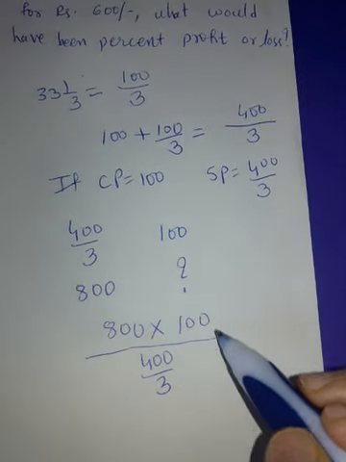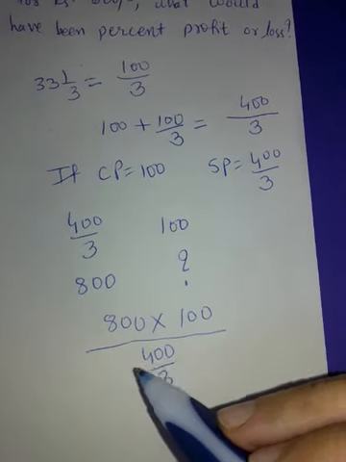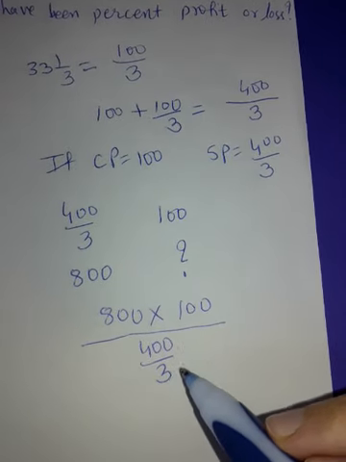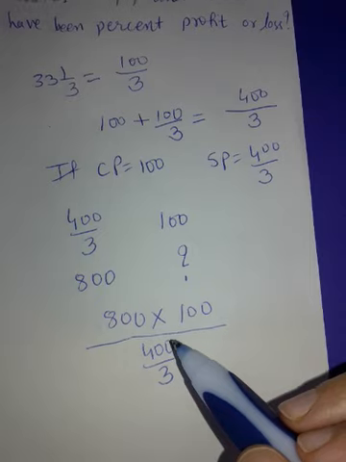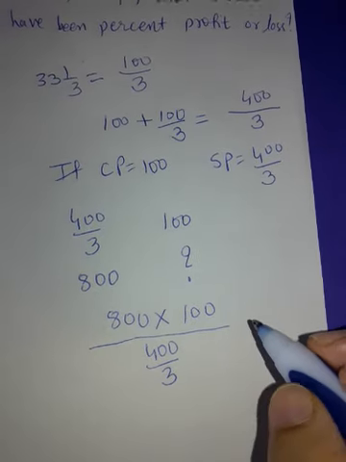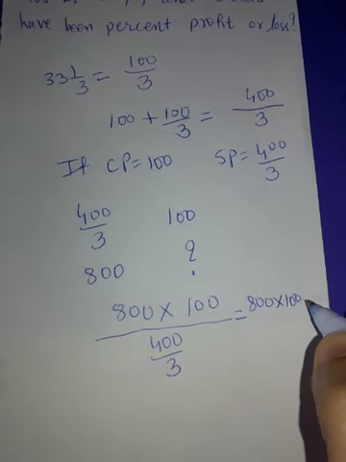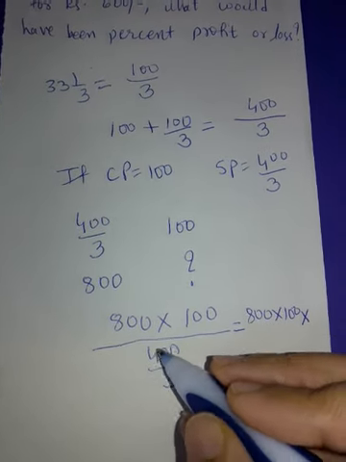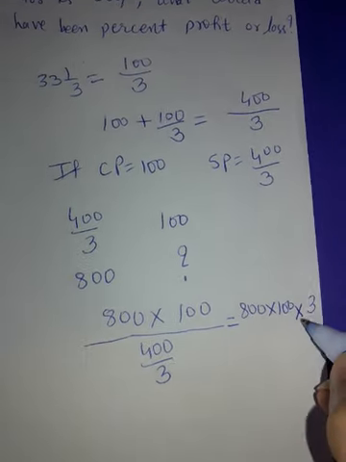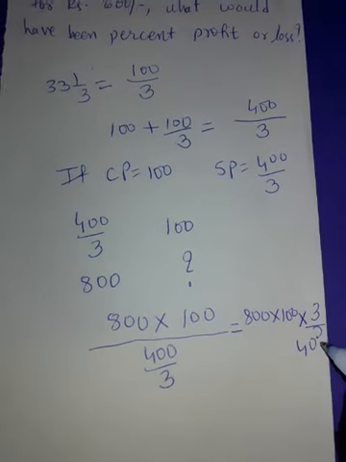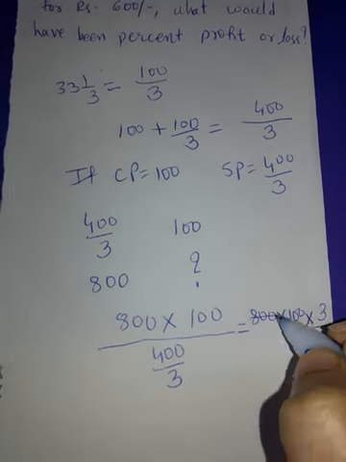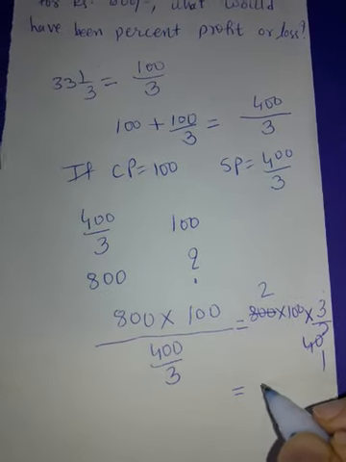Again, many students get confused how to solve this when there is a fraction in the denominator. Always remember, dividing means multiplying by the reciprocal. So this is equal to 800 into the reciprocal of this, that is 3/400. 1s are 1, 2s are 2... 600.